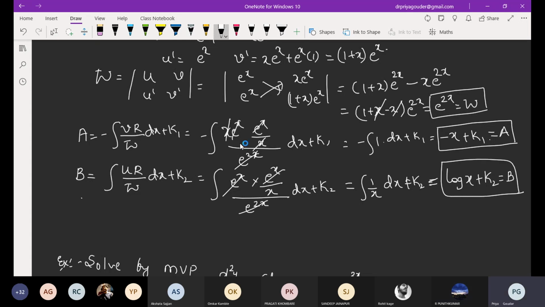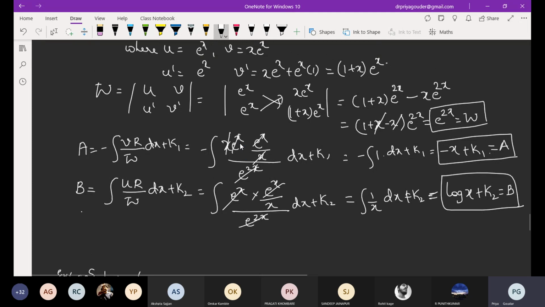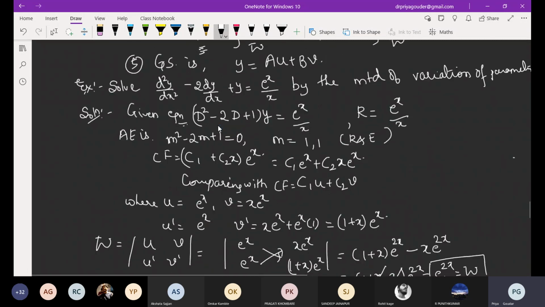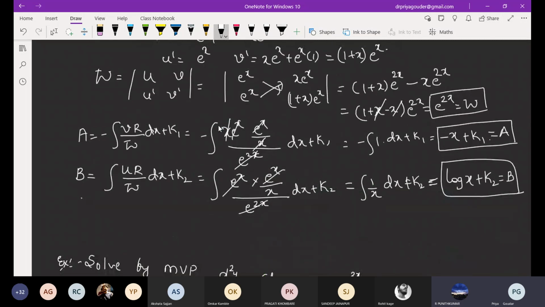Now after this, what is to be written? After the parameters, last step. What is the last step? This will give you 1 mark. General solution. The general solution for MVP is different and for other problems it is fixed.